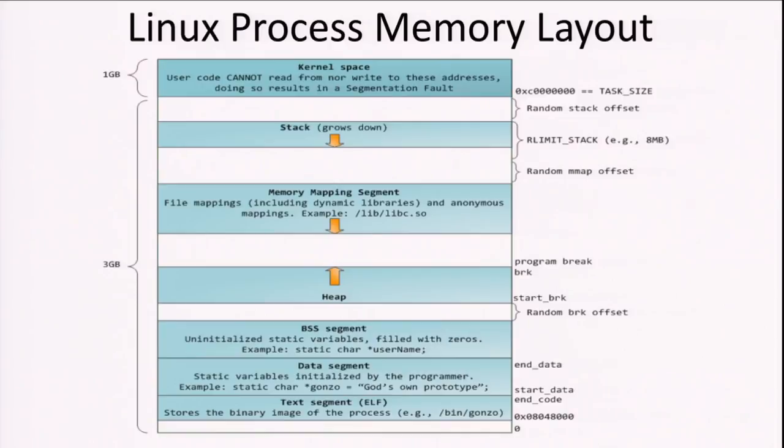The 1 gigabyte, in the case of Linux, is the kernel space, and user code cannot read or write onto these addresses, and if it does attempt to do that, you normally get what is called a segmentation fault.